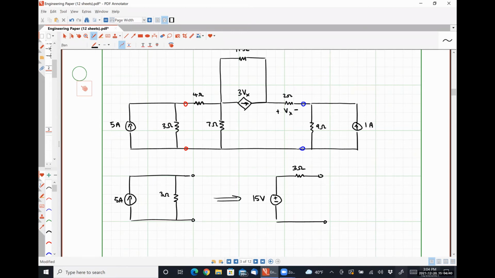Okay. So now I can literally just erase this guy and replace it with a 15 volt source in series with a 3 ohm resistor.